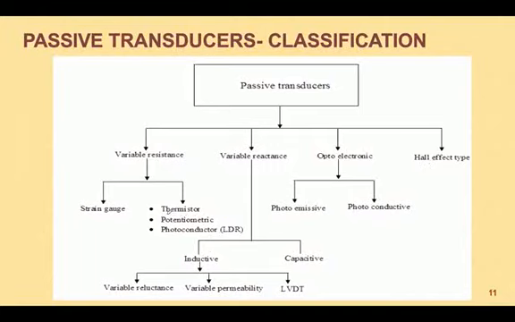To remember a few, thermistor is passive, photoconductor is passive, and LVDT, variable reluctance devices, etc. are examples for passive transducers where we need to give an external signal for its functioning. Strain gauge is also an example.